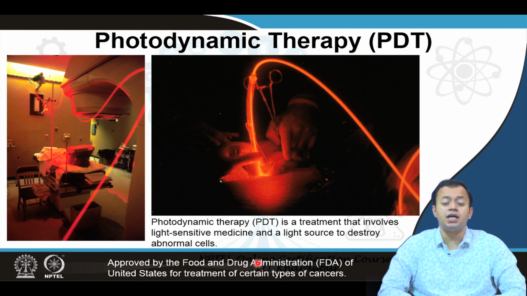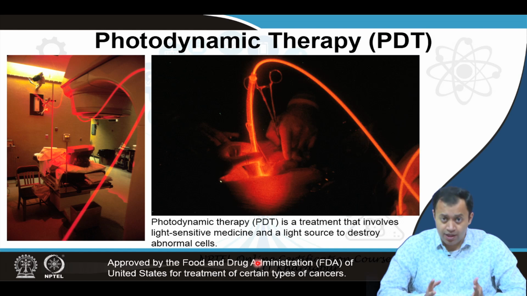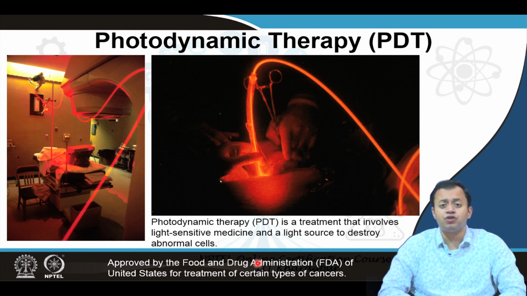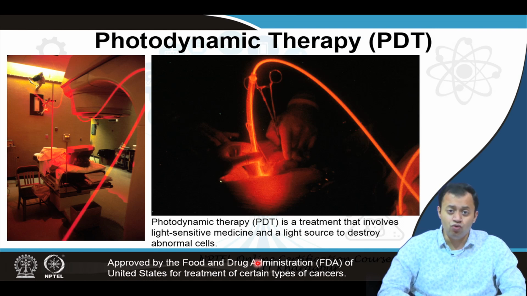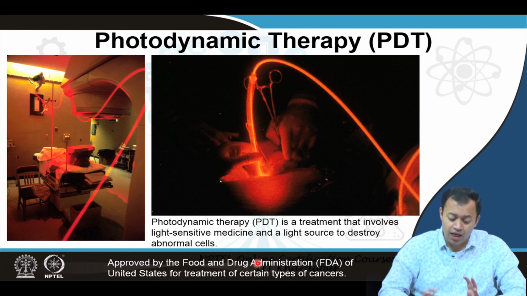Several of the vaccines that you are seeing these days going around for coronavirus prevention, as well as several other types of vaccines and drugs, need to get FDA approval if they want to sell their product in the United States or territories under its jurisdiction. It is one of the stringent agencies, and if you are able to get it passed through them, it is easier for other agencies to approve as well.